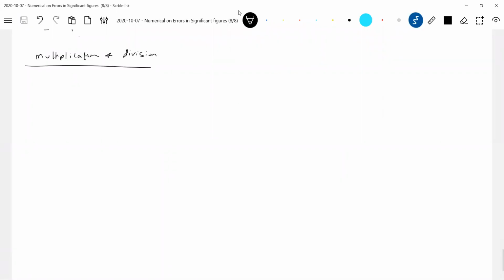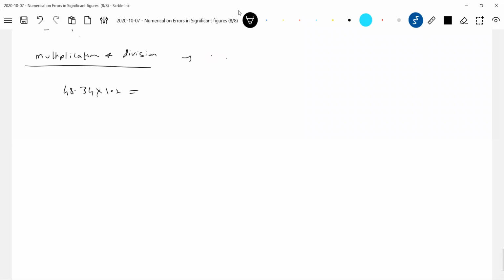Now we'll multiply numbers. 48.34 into 1.2. So in multiplication and division, what should we do?